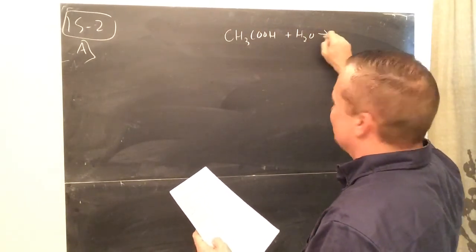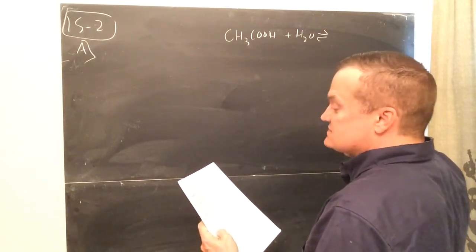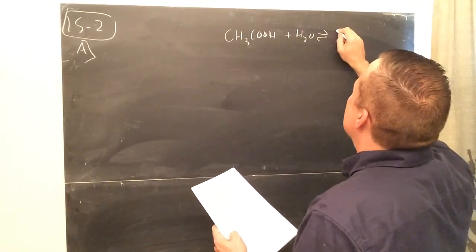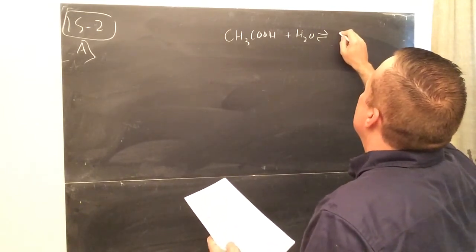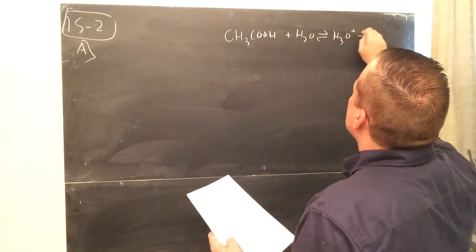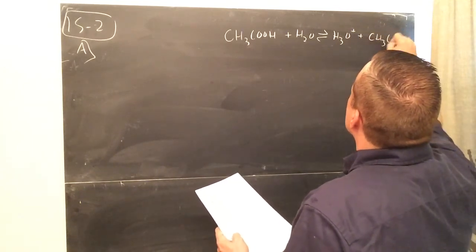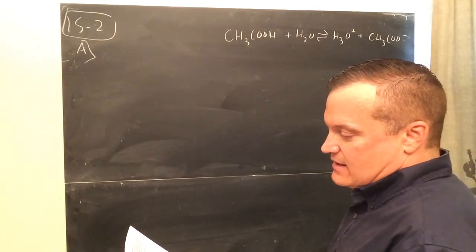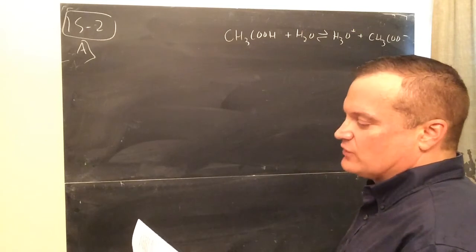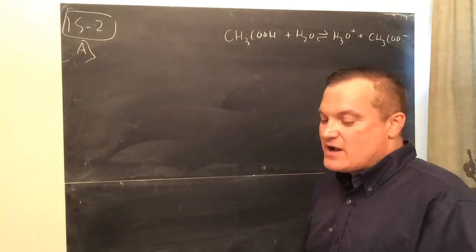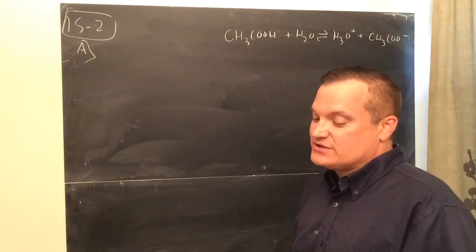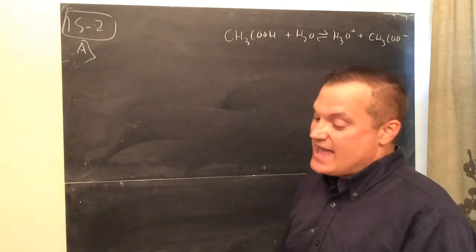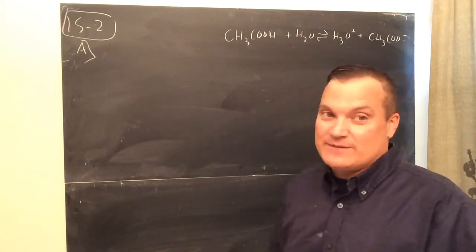Next, solid sodium acetate was dissolved in the solution. So we added some solid sodium acetate to make the solution 0.50 molar sodium acetate. Number 1, calculate the pH of this buffered solution that is 0.50 molar CH3COOH and 0.50 molar sodium acetate.